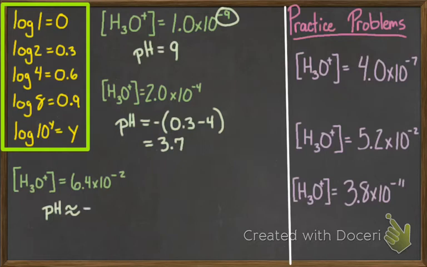So in this case, we're going to approximate that to be somewhere between 0.6 and 0.9, and if we want to, we can estimate it to be about a 0.8.